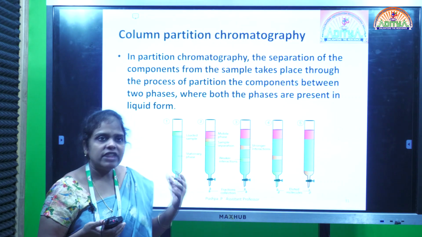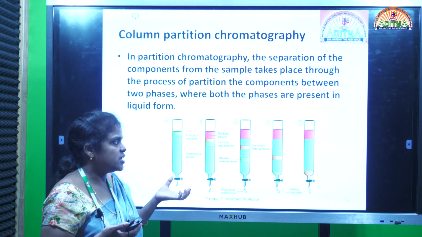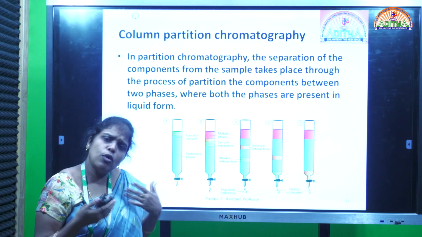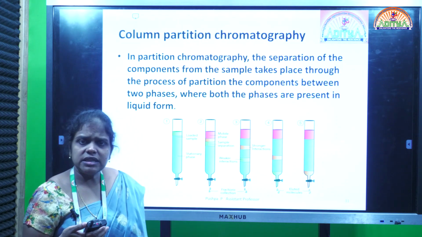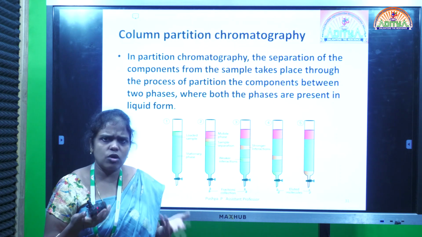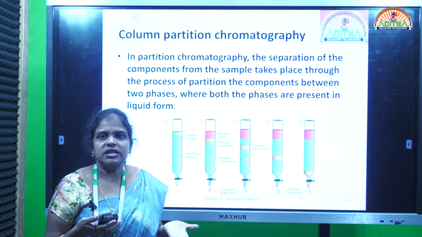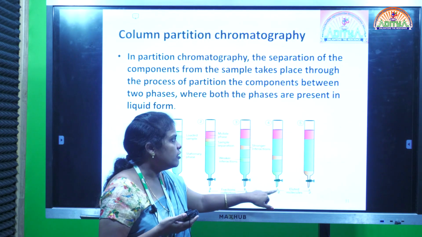For example, if a component in the sample has more interaction with the stationary phase, it will get solubilized more in the stationary phase, and it will take more time to come out. But if the component has very little affinity with the stationary phase, that means it is not soluble in the stationary phase, so it will not spend more time with the stationary phase. That's why it will elute fast.